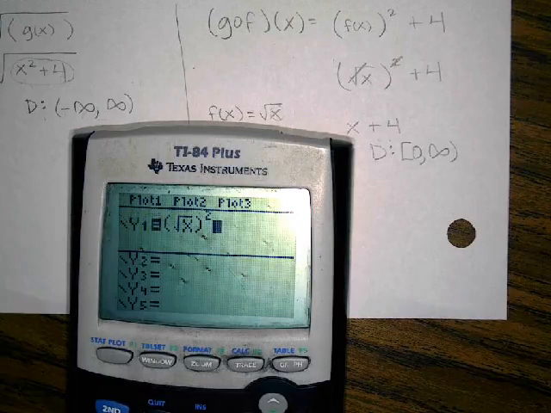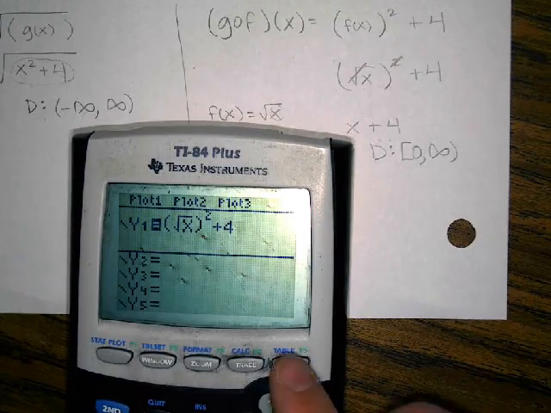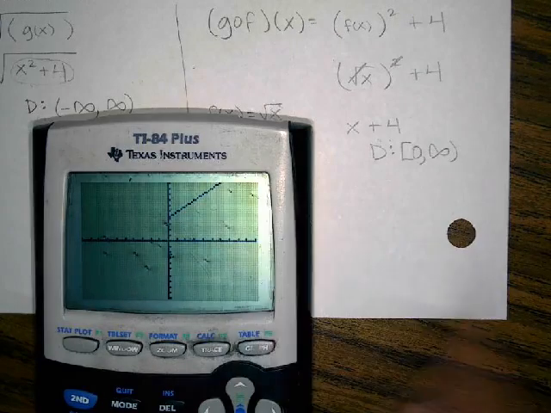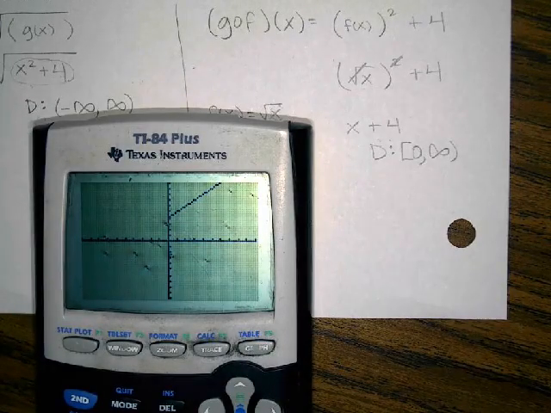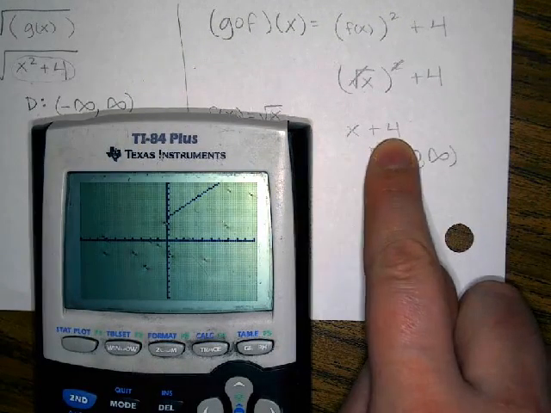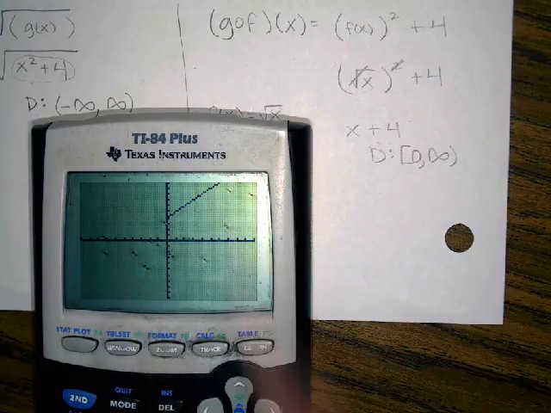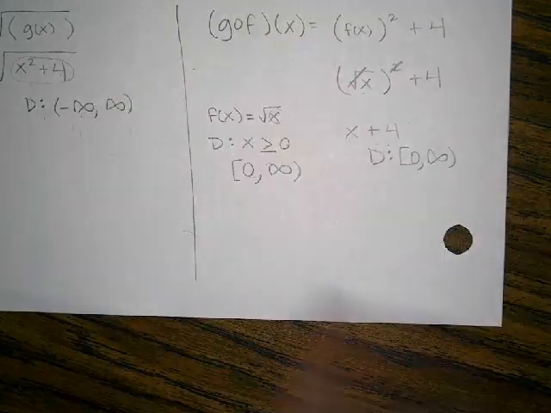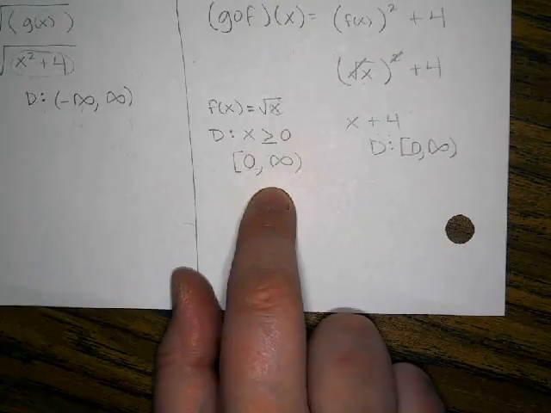It looks like the linear equation with a slope of 1 and a y-intercept of 4. It just starts at 0 and it goes to the right. Does that make sense? So we start with the input domain, and then we look at what we think the output domain is, but we make sure the output domain is not less limited than the input was. Does that kind of make sense?